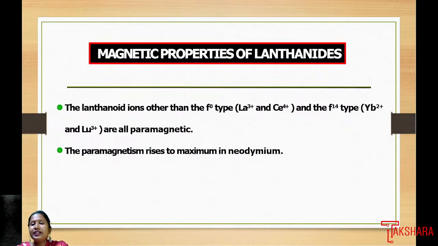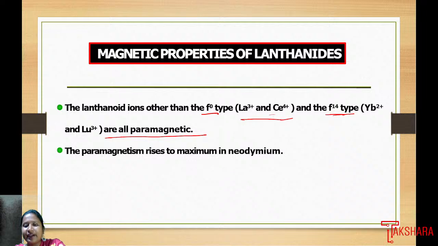Next, what are the magnetic properties of lanthanides? The lanthanide ions of the type f0, that is lanthanum +3 and cerium +4, and the type f14, ytterbium +2 and lutetium +3, are diamagnetic.